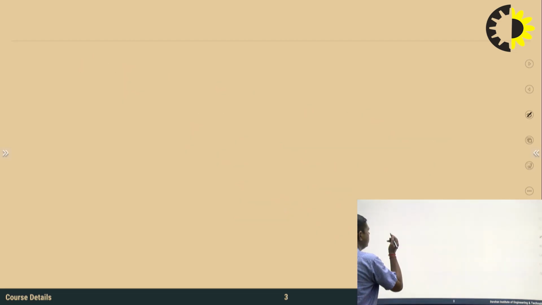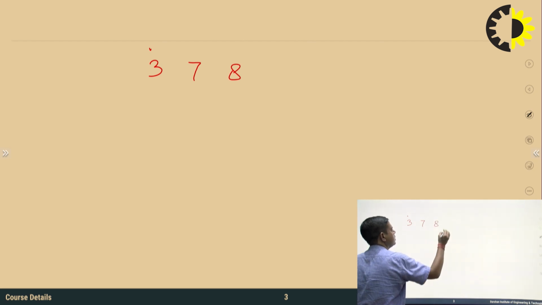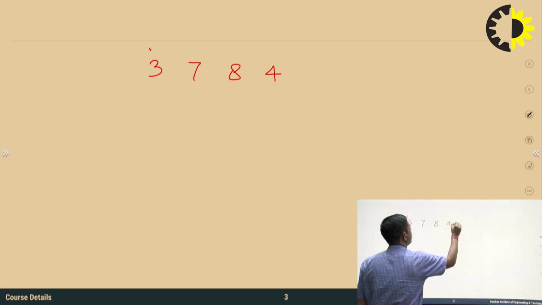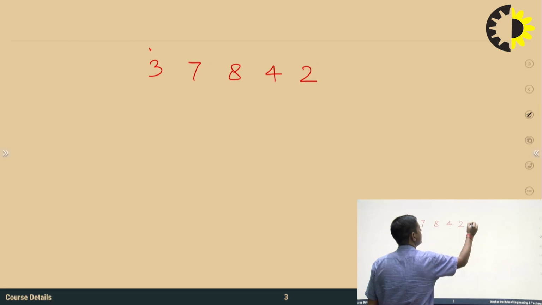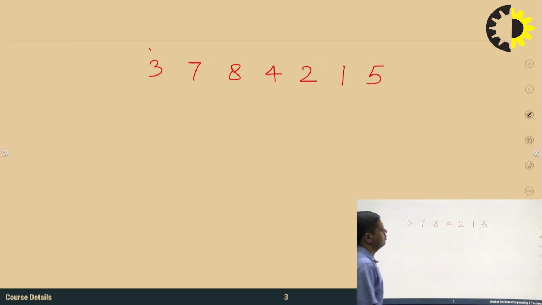For example, we have been given these numbers: 3, 7, 8, 4, 2, 1 and 5. And we have to sort these given numbers by quick sort.